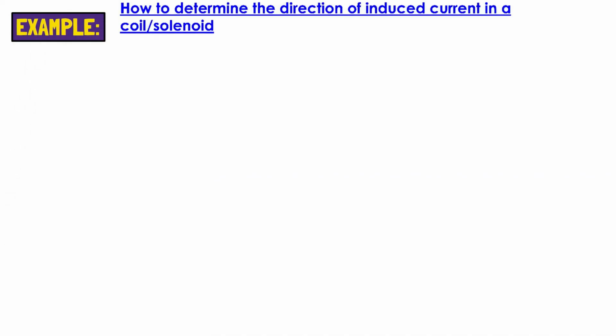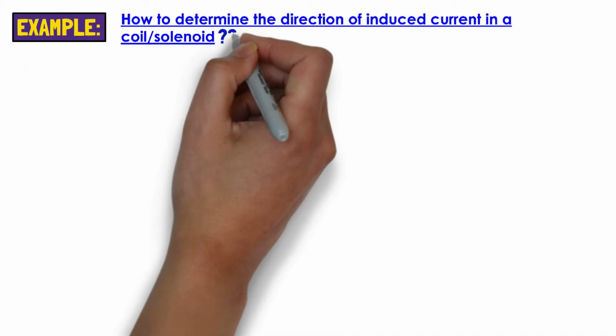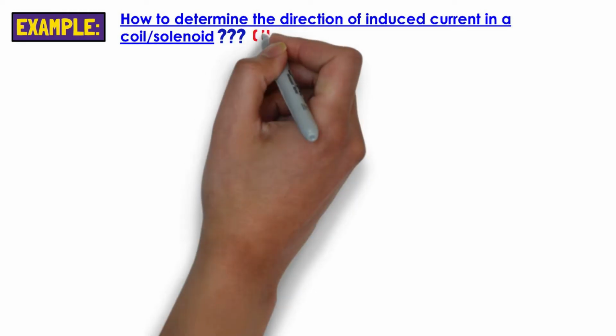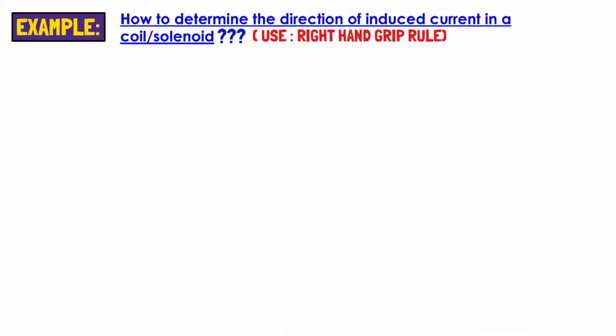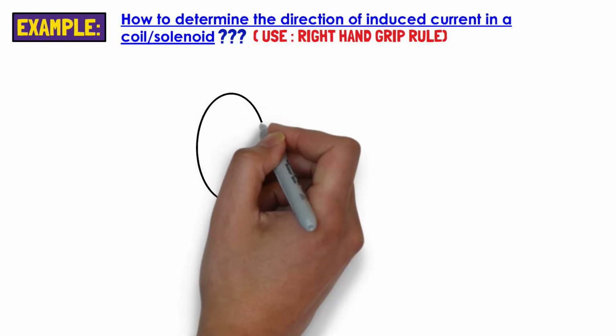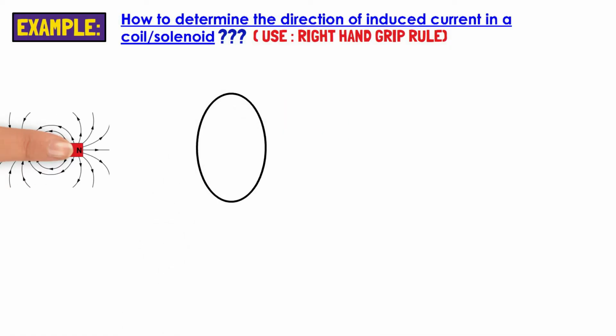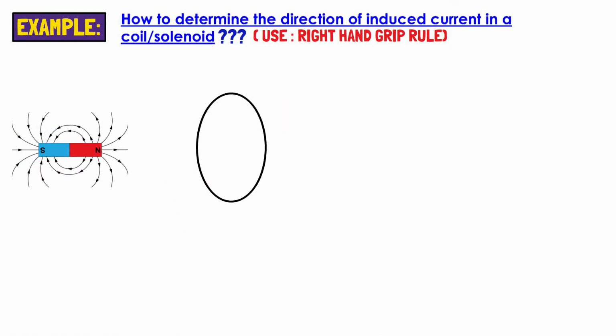So how to determine the direction of the induced current in a coil or solenoid? We will try to use the right hand grip rule in order to solve this problem. Alright, so now let's say here I have a coil and also a bar magnet. When we have a bar magnet in a question, please focus on the north and the south pole.